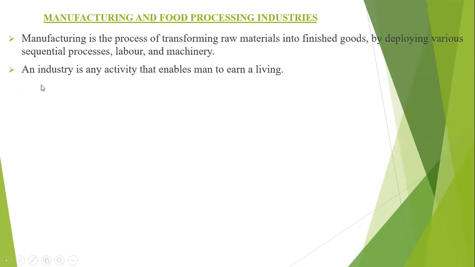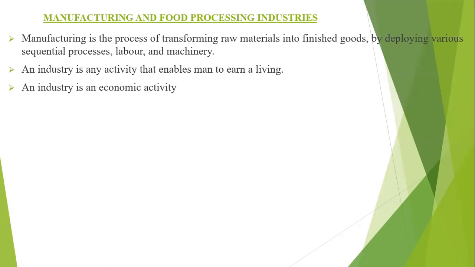Now, an industry is any activity that enables man to earn a living. An industry is an economic activity. Now, most of the times, people confuse an industry with a place or a factory where production of goods and other services is done.